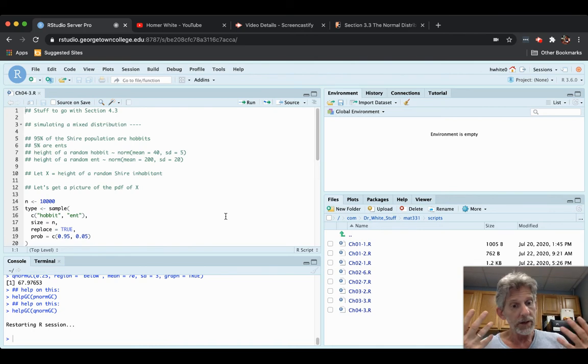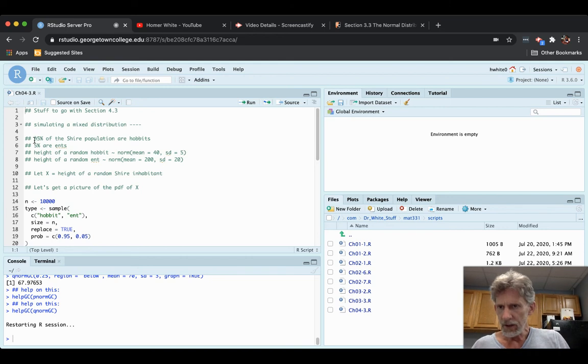And what I'd like to do is to just play around with that mixed distribution that we did as an example by hand, the one about the random Shire inhabitant, where the Shire is inhabited by Hobbits and also a little bit by ents.